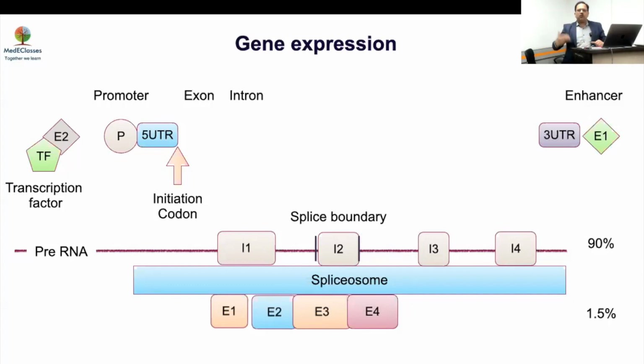Why would you like to go for a targeted panel, then a whole genome or a whole exome, Narayan? The targeted panel, so we will be able to look at only the genes which are responsible for the disease. Yeah. So we will be able to make the diagnosis.